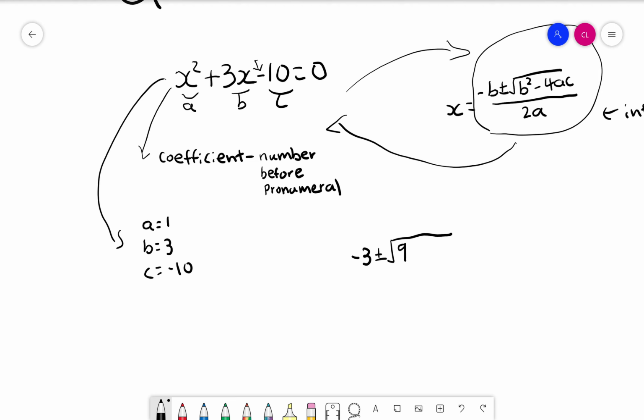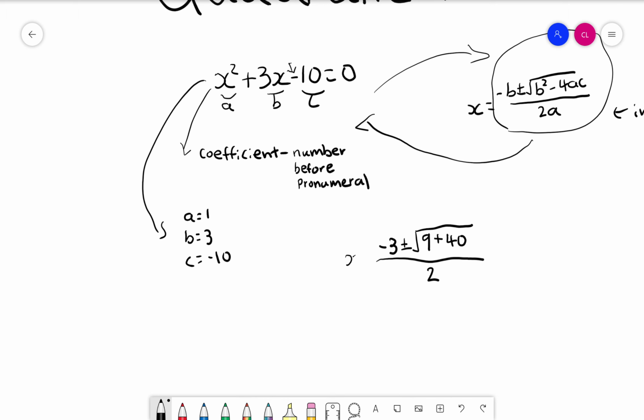You may want to know, when either a or c is negative, it becomes a plus. But if both of them are negative numbers, it's still a minus. So 9 plus 4ac, so 4 times 10 is 40, over 2a, which is 2.